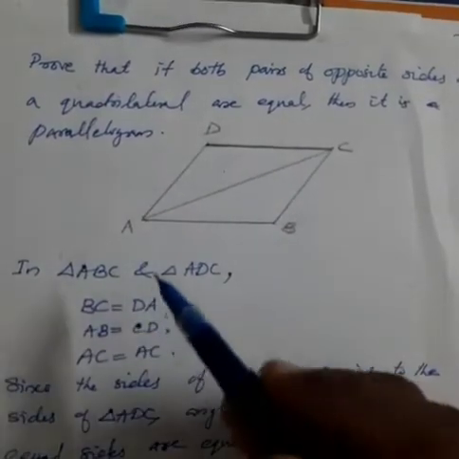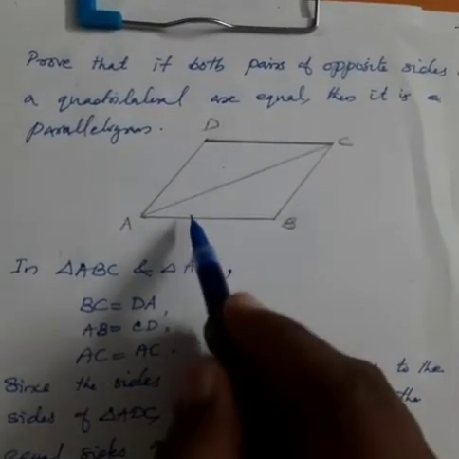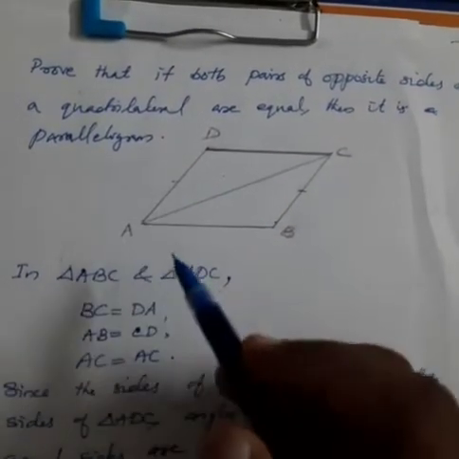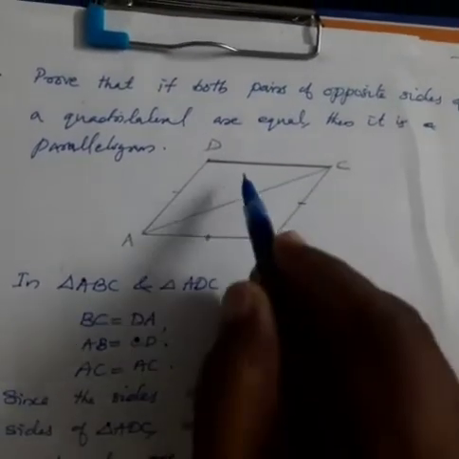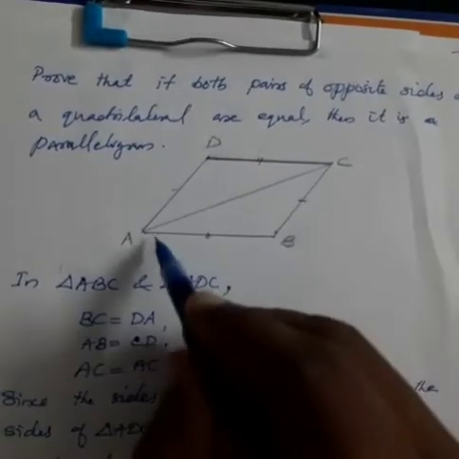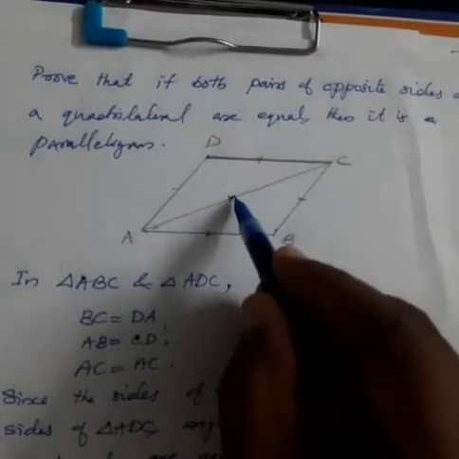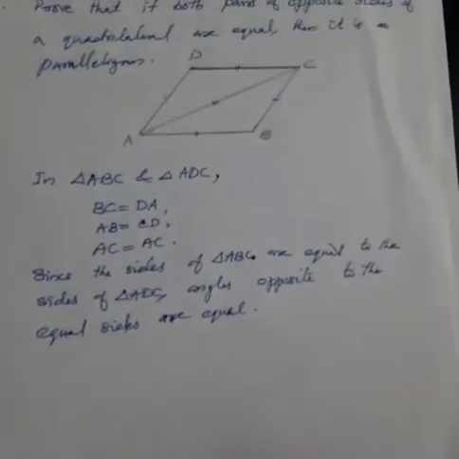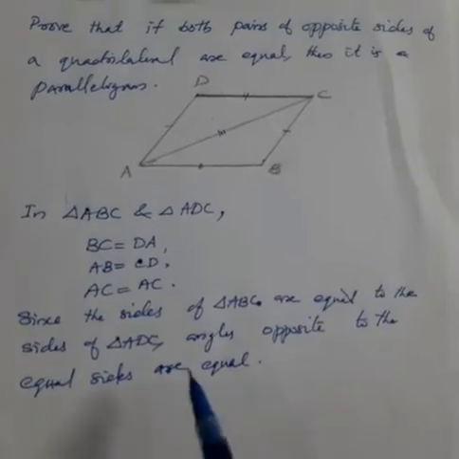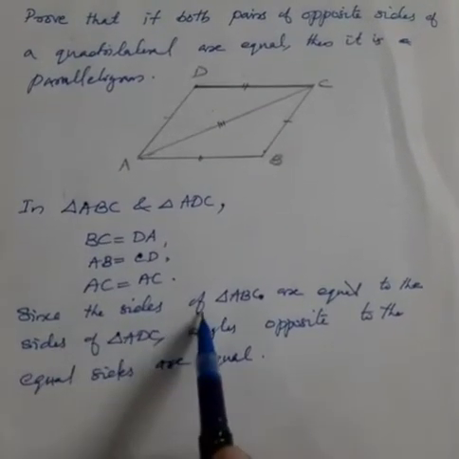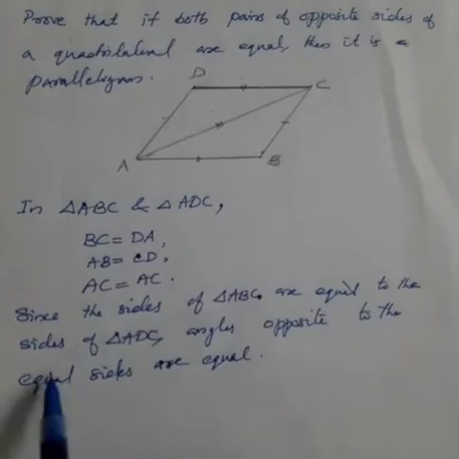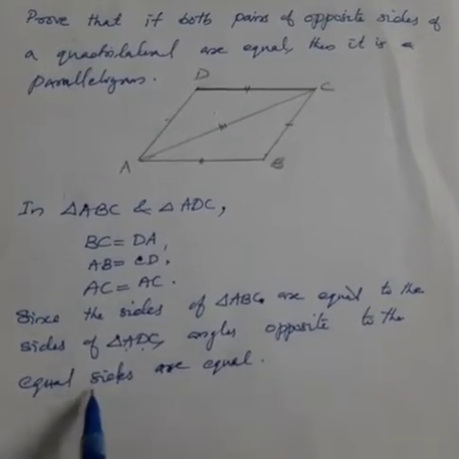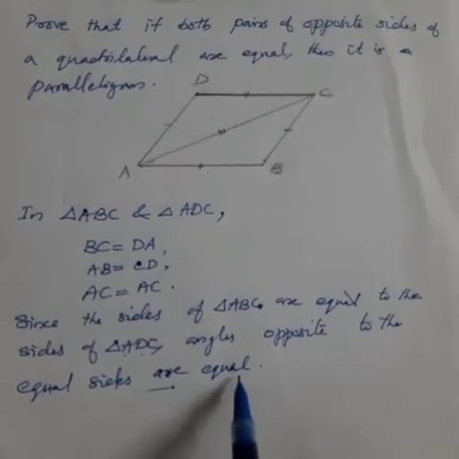2 triangles are here. In that, BC is equal to AD or DA. Then AB is equal to DC. Then AC is the common side for both the triangles. So you can write this, both the triangles are equal. Since the sides of triangle ABC are equal to the sides of triangle ADC, angles opposite to the equal sides are equal.